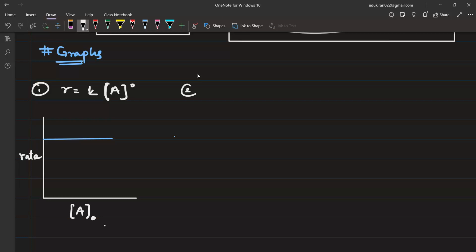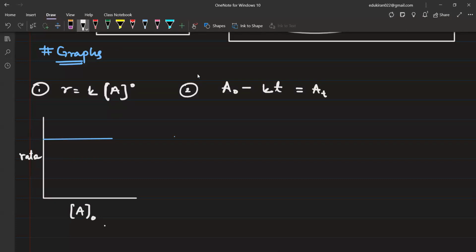Second, you see, we have A naught minus A. This equation, okay. A naught minus KT is equal to A at time t, whatever A is remaining at time t.